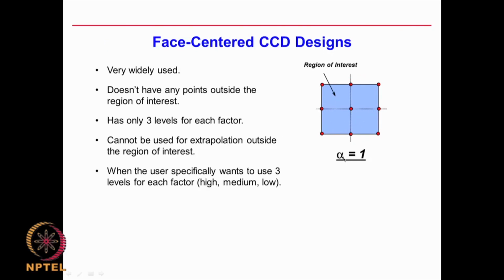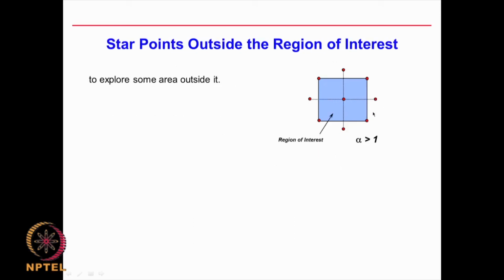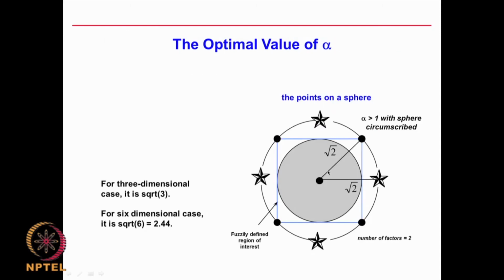So, here we can say the star point, if we call it alpha, if alpha is 1, those points lie right on the edges, whereas if alpha is greater than 1, they are beyond the square. Okay. So, we are exploring beyond the square, that is what it is all about in this type of design. And this is for a 2 raised to the power 2, that means if you have 2 parameters.